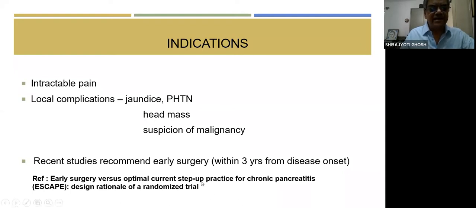And this is interesting: nowadays there are trials, like the ESCAPE trial, a landmark trial from the Danish group in Denmark. They recommend that early surgery is sometimes helpful, particularly in halting the process of exocrine and endocrine insufficiency in the long term, or it may even improve those patients who already have endocrine or exocrine insufficiency.